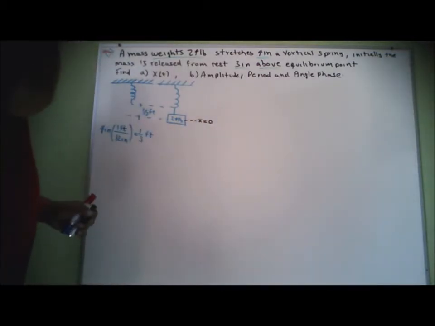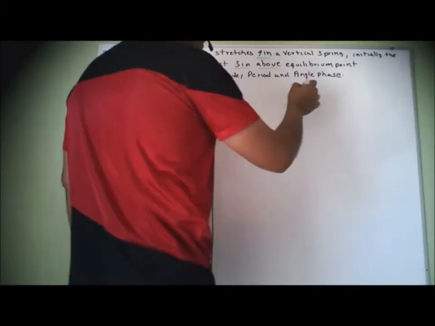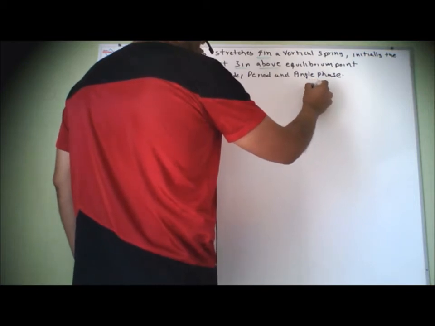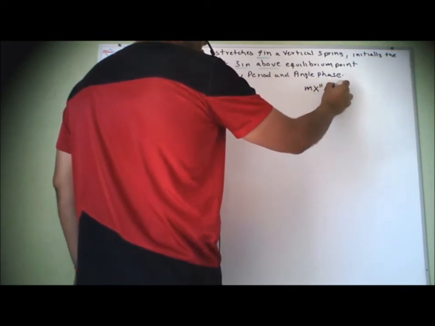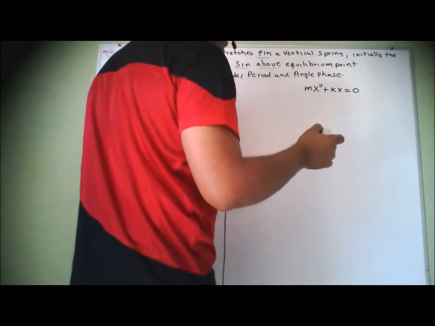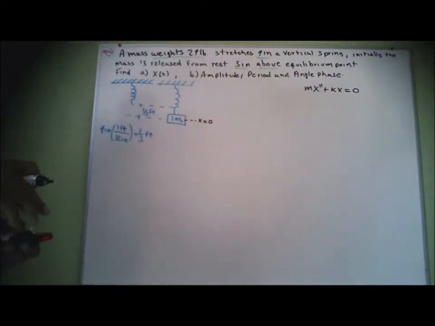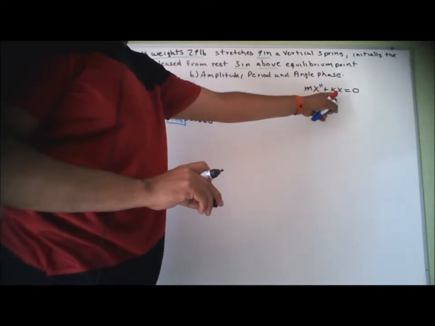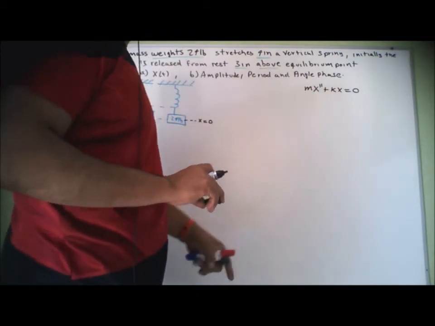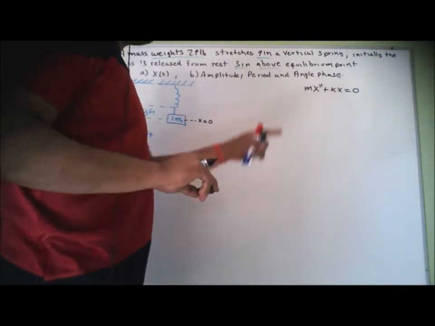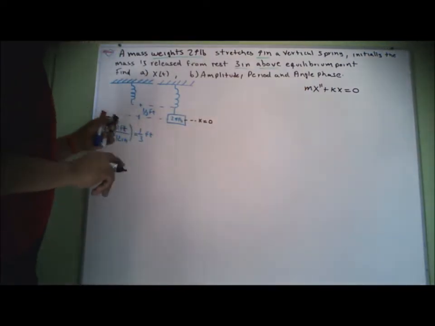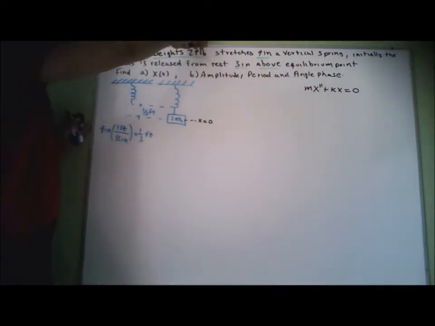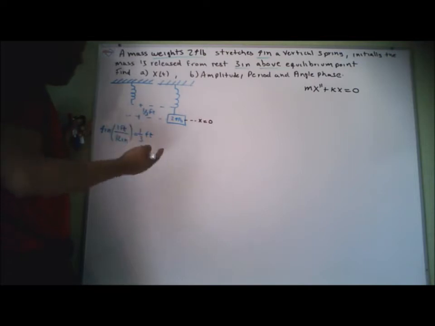Now, what we need for the differential equation, if you remember, is the mass times the second derivative plus kx equal to 0, because it doesn't contain the friction force. So what we need is the mass and this proportionality constant k of Hooke's law. First the mass. This 24 pounds is not the mass, it is the weight, a force.